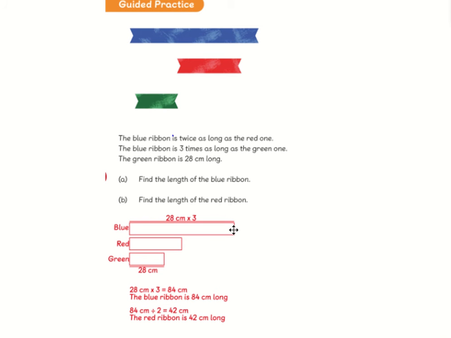We can look at the next piece of information, which is that the blue ribbon is twice as long as the red ribbon. The blue ribbon is twice as long, so the red ribbon is half that size. So 84 divided by 2 gives us 42 centimetres. So the red ribbon is 42 centimetres long. Well done if you worked those out.